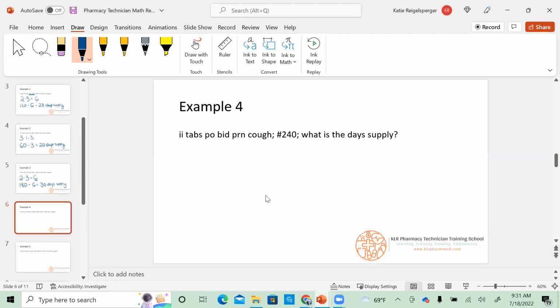So how many tablets does the patient take each time? 2. And how many times a day does the patient take 2 tablets? 2. 2 times 2 equals 4. What is the total number of tablets being dispensed to the patient?